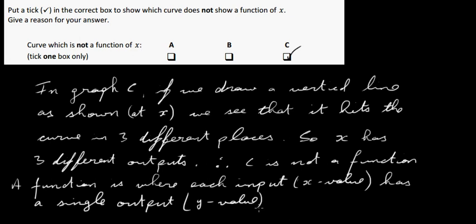So in a function, every x value will only have one output, or one y value. Okay, so that's it for questions 14 and 15, and in fact for paper 1 2017.